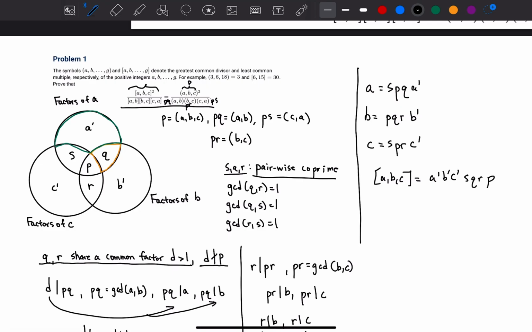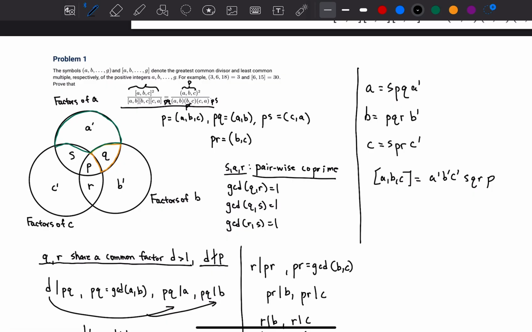Well, this is because all 3 sections have a combined number of factors that are all distinct from each other, and they are all coprime from each other. So we can multiply it like this. As you see, they are not shared by any other sections, and they do not share any prime factors. That is the main point.